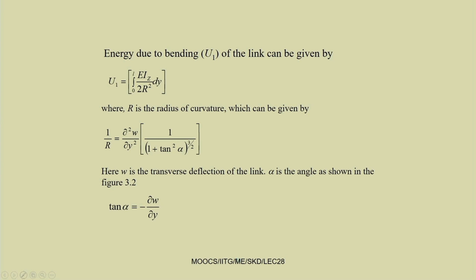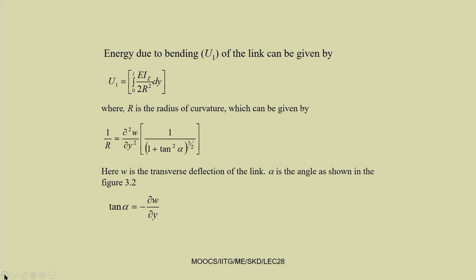When using the energy method, we will have the potential energy, or energy due to bending. Energy due to bending can be given by U1 equal to integration 0 to L of half E I z by r square dy. We can find 1 by r, which you already know: 1 by r equal to del square w by del y square into 1 by (1 plus tan square alpha) to the power 3 by 2.